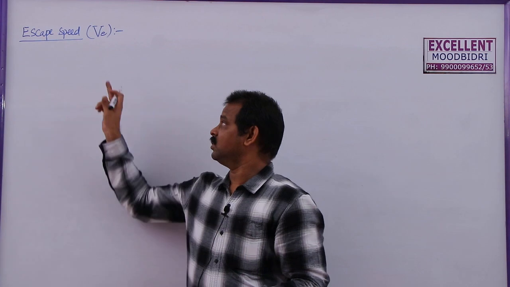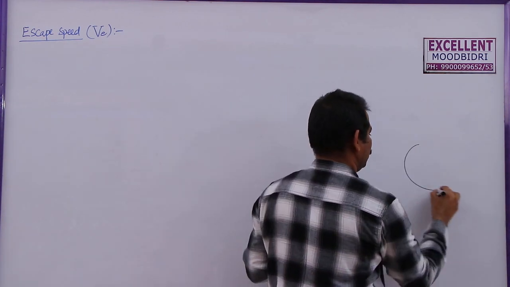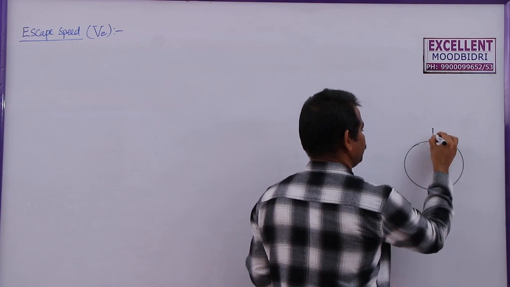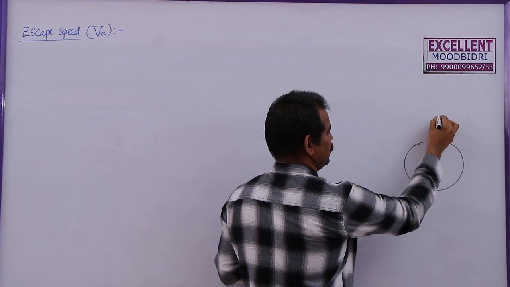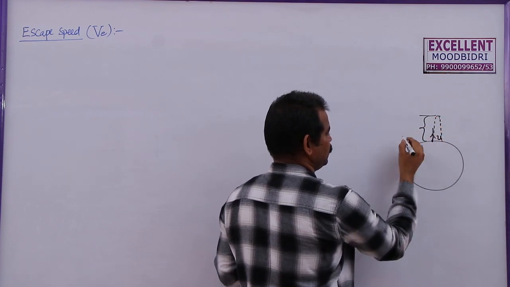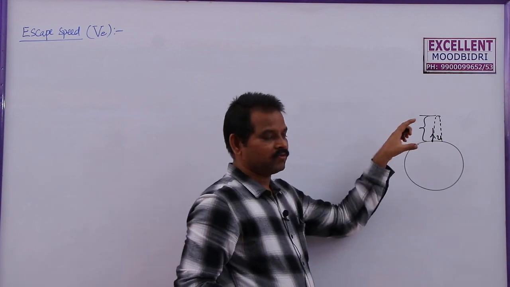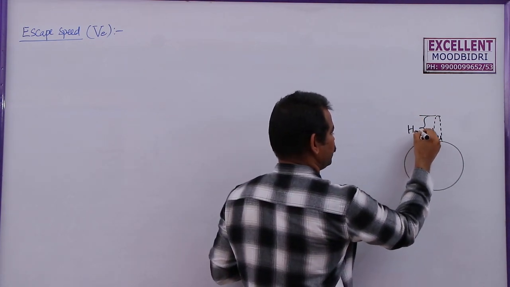Next topic, escape speed. We know that if you throw a body from the surface of earth with some velocity u, it will go up to some distance and then fall back. We derived the equation for the maximum height reached by a body.